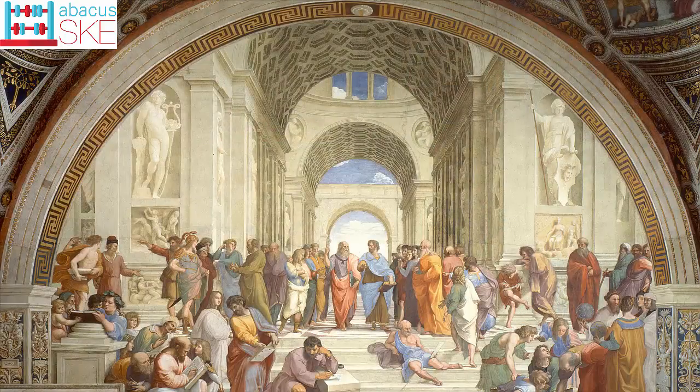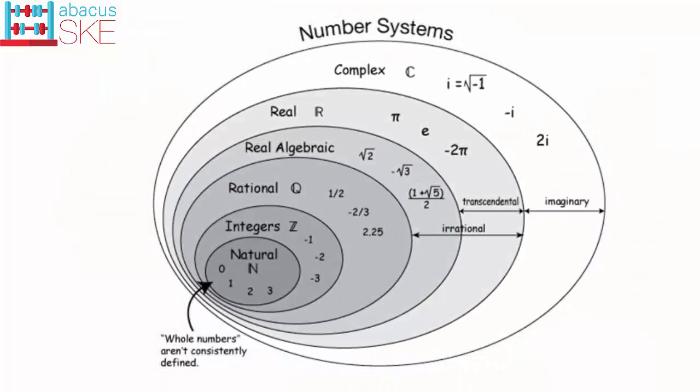I mean, it doesn't make any sense in many ways, and especially for the ancient Greeks, who were geometers, all they cared about were positive lengths. They didn't have any room in their mathematics for negative numbers. As a result of this, even though negative numbers appear almost in the complete middle of our Venn diagram of types of number, they were actually one of the last types of number to be accepted.